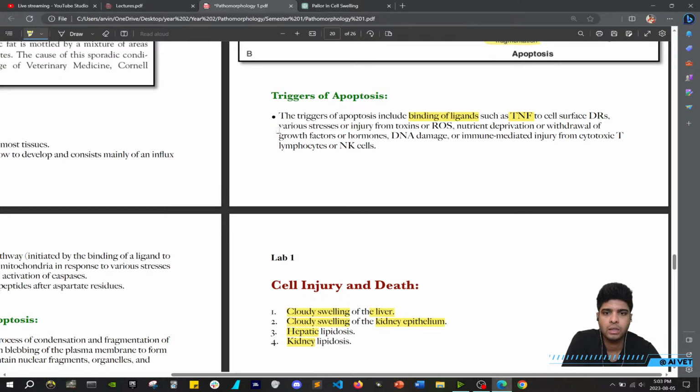Various stresses or injury from toxins, growth factors or hormones, DNA damage, or immune-mediated injury from cytotoxic T cells or natural killer cells.